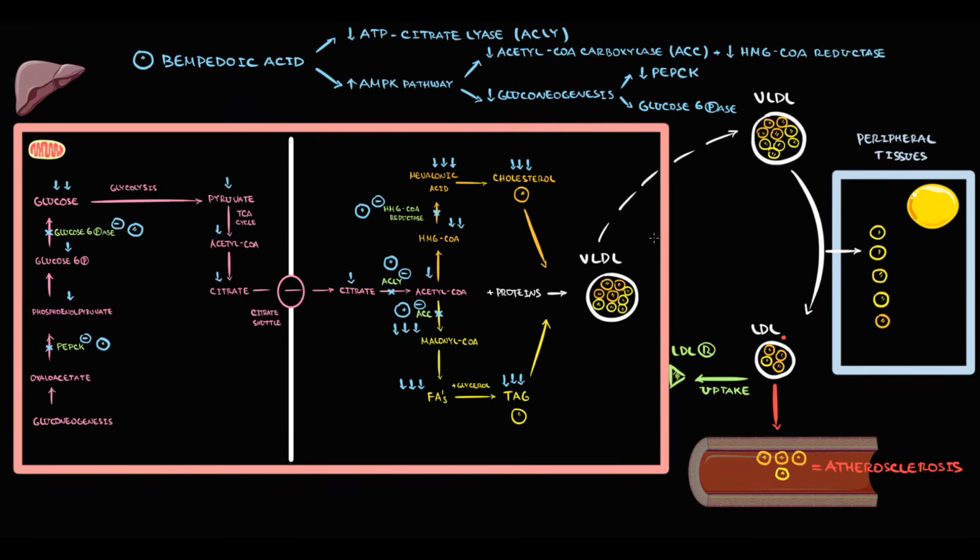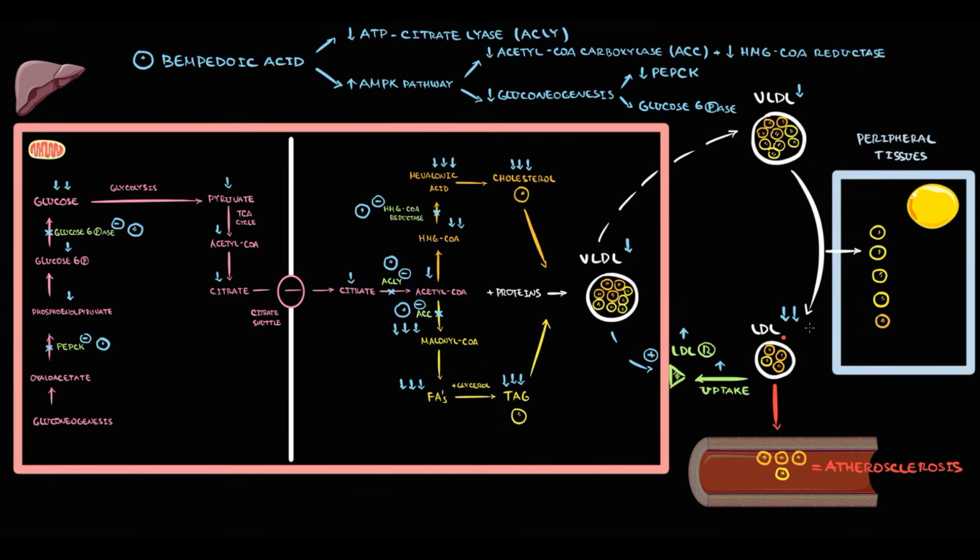Without cholesterol and triacylglycerols, the production of VLDL particles decreases. First of all, with decrease in VLDL production, the formation of LDL particles decreases, simply because LDL particles are formed from VLDL particles. But in addition to this, decrease in VLDL production, by a compensatory mechanism, stimulates the production of LDL receptors on liver tissue, and with increase in the quantity of LDL receptors on liver tissue, the uptake of LDL particles from the blood will increase, and as a result, the concentration of LDL particles in the blood decreases.